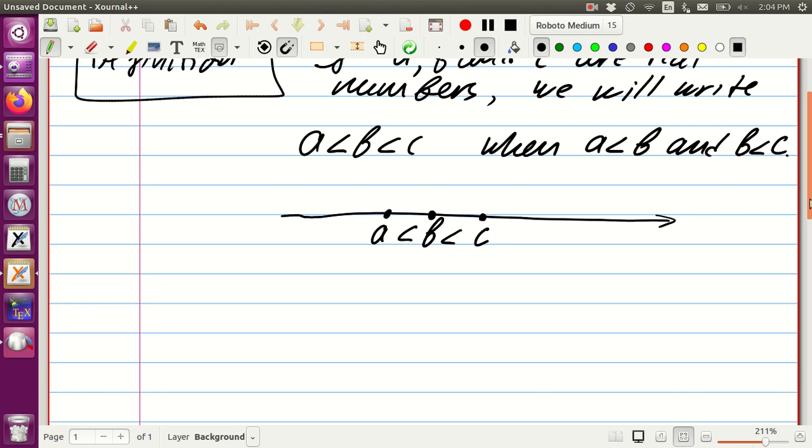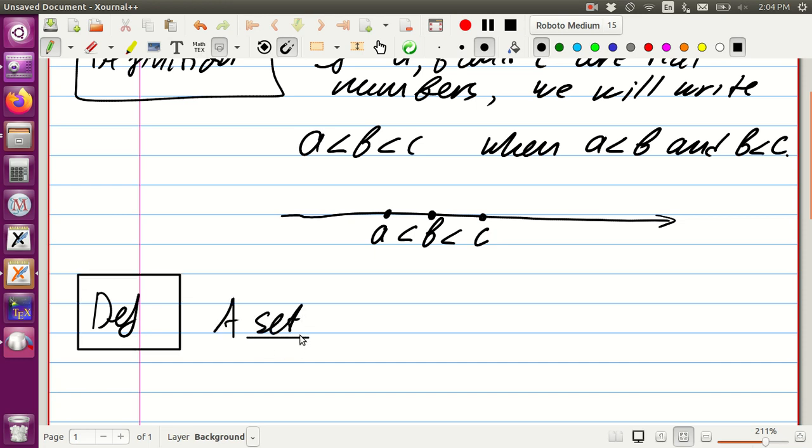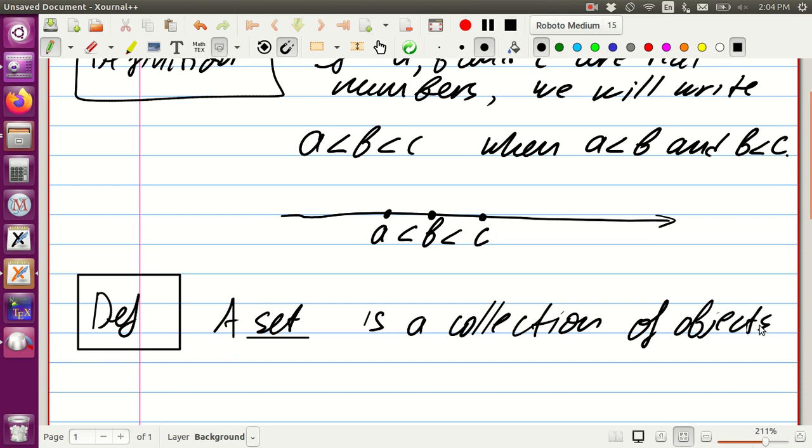So moving forward, we have this new definition, which is saying that a set that we're defining in this definition is a collection of objects. Any kind of objects we can put here, and these objects are called elements.